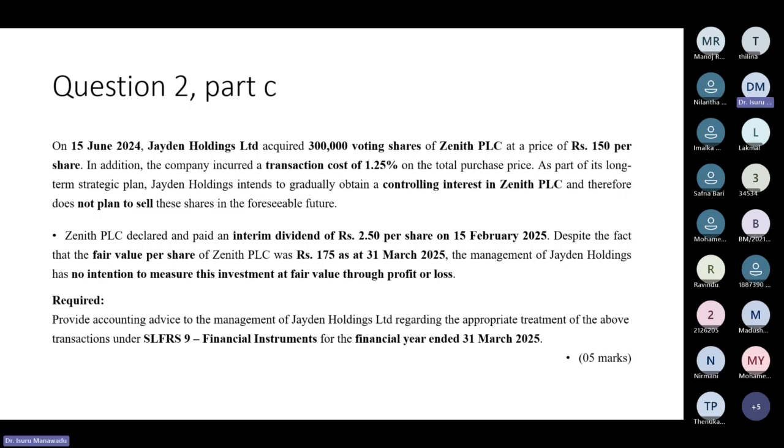Fair value through OCI. In the fair value through OCI conditions, as you have already seen, the business model should be invest, hold and sell. That can be applied to share investments. And second, contractual cash flow characteristics should be there.